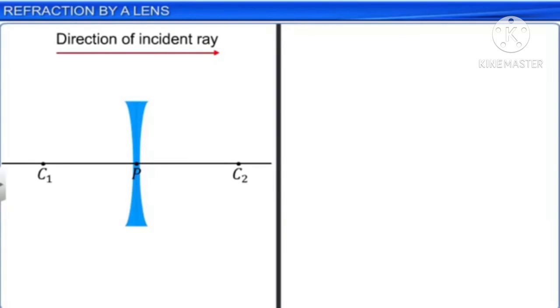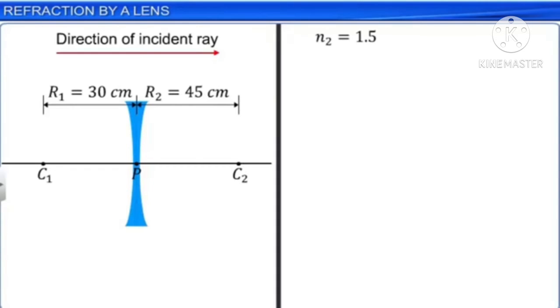It is given that N2 is equal to 1.5, N1 is equal to 1, R1 is equal to minus 30 cm, and R2 is equal to 45 cm. Note that, since R1 is measured in the direction opposite to that of the incident ray, it is taken with a negative sign.